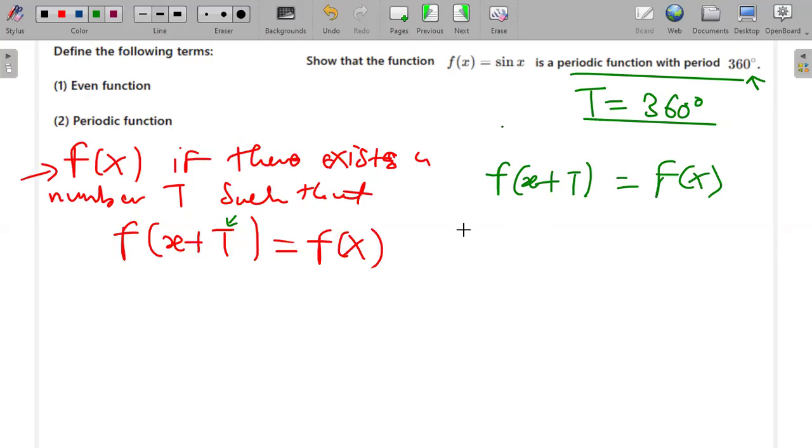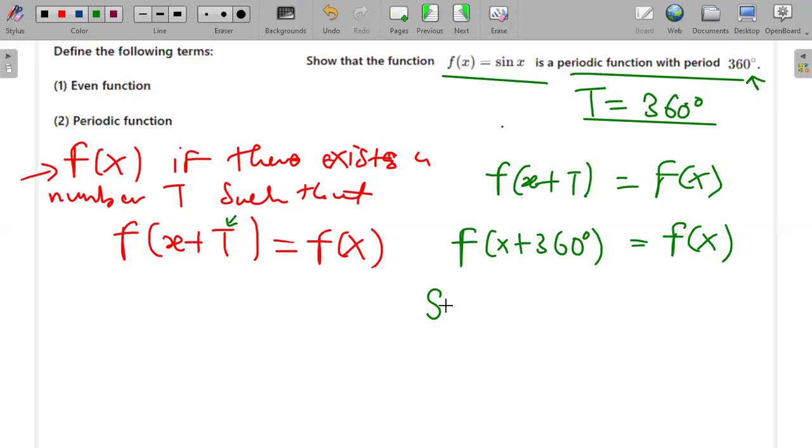So f of x plus 360 degrees should be equal to f of x. Our f of x was just sine x, so f of x plus 360 is sine of x plus 360 degrees. This should just be equal to sine x.